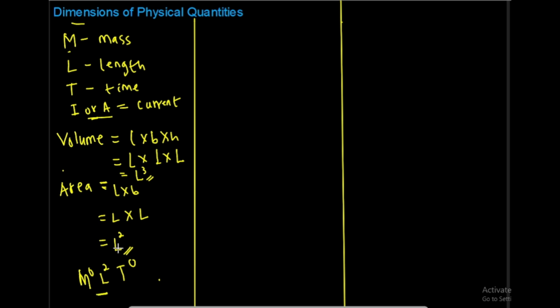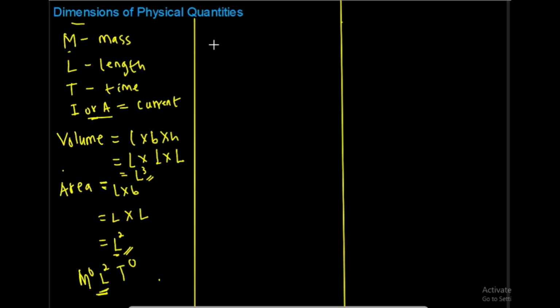Now this and this, they're exactly the same. Remember we're just covering M, L and T in this video. They're basically the same because M raised to power 0 is 1, L squared, T raised to power 0 is 1. So this is like saying 1 times L squared, which is L squared times 1, and that's L squared. So this is still the dimension for area.